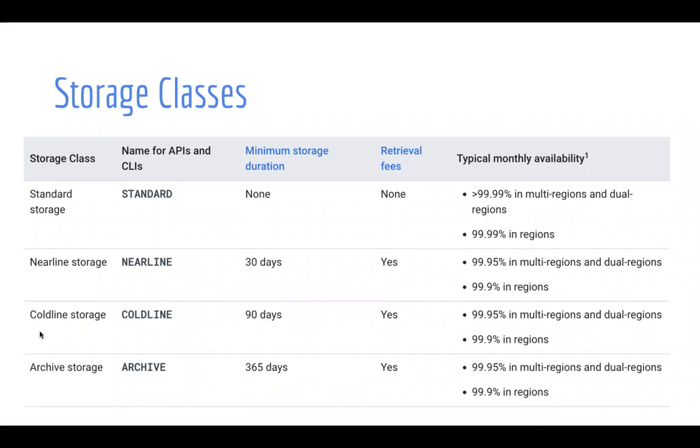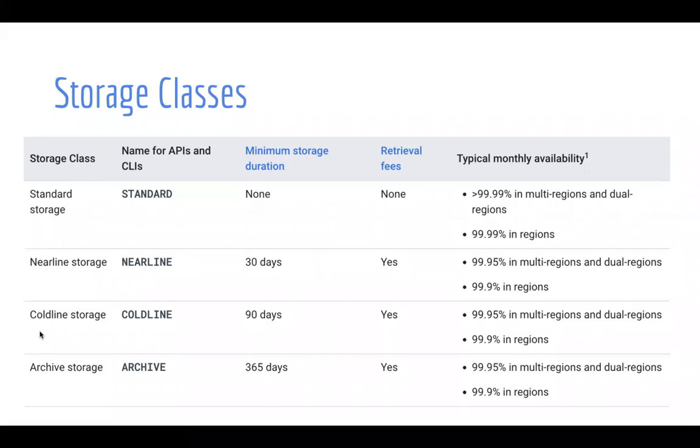So it's used for frequently accessed data. Then nearline is a storage class that you use to store data that you can maybe access or modify once a month or less. So like 30 days, right? Once in 30 days. And it's best for backup data that you want to access once a month.